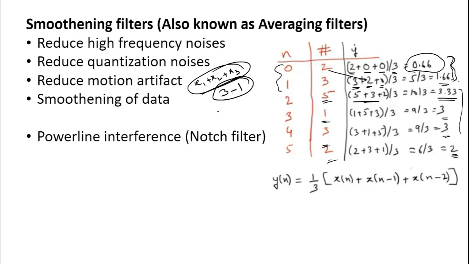If I ask you to design a 5-point moving averager, then 5 minus 1, it would take 4 units. So as you increase the taps, the 3-point, 5-point, these are nothing but the taps, the order of the filter basically, the longer will be the time needed by the filter to stabilize before it can give you stable results.